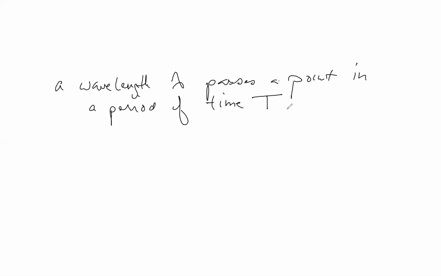So when I look from the side, I can either see that an entire wave will pass a point in a period T, or in a period T, a disturbance in the wave will travel lambda.